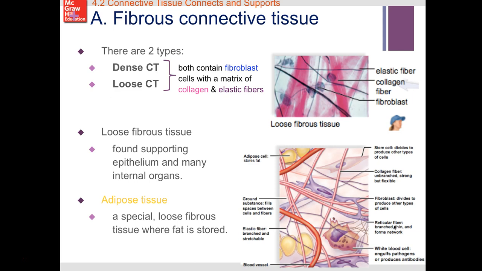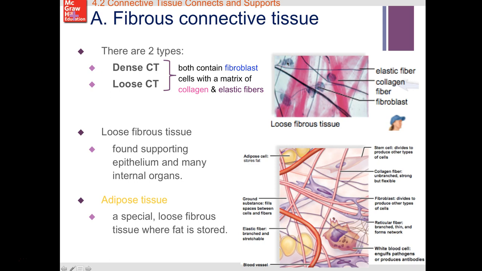So our fibrous connective tissue is broken down into two different types. We have dense connective tissue and loose connective tissue. If you look at this image on the right, we see a slide of loose fibrous connective tissue. And in here we see these little purplish round oval parts of the tissue.